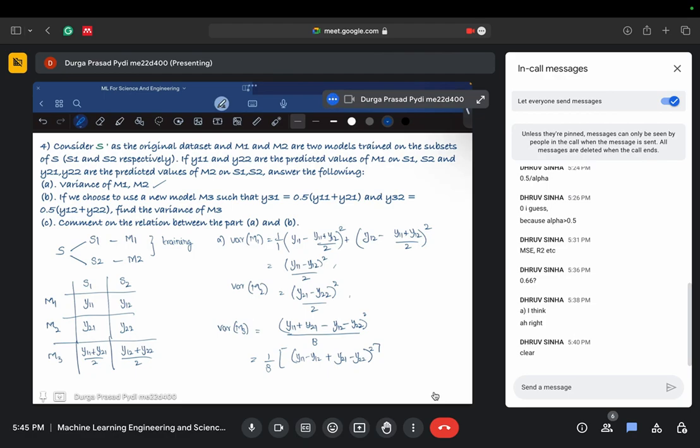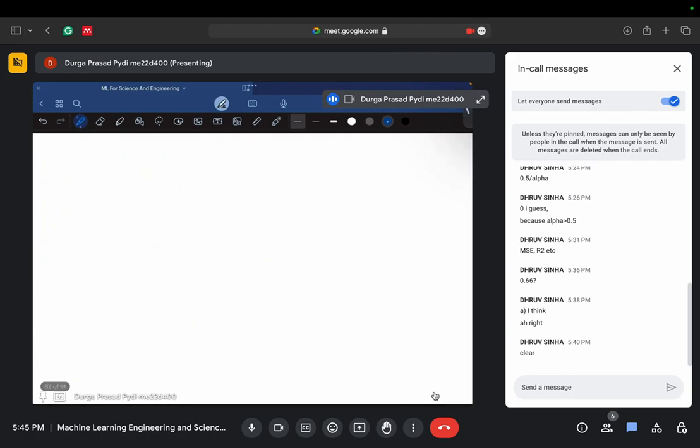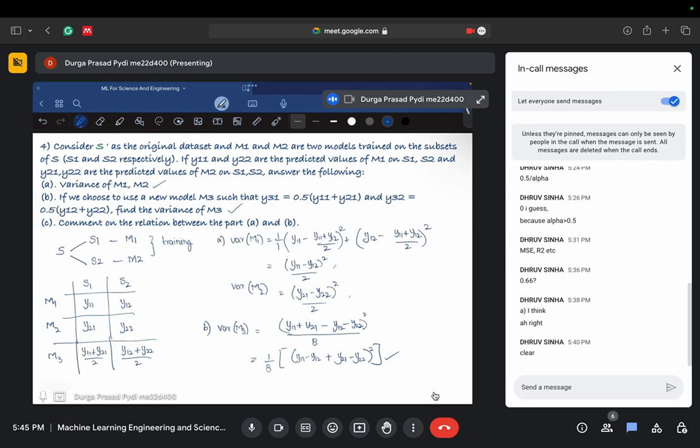Okay, till here I hope it is clear. So you have the variance of M3, the variance of M1 and M2. Now can you comment on the relation between these variances? Let me take these expressions here. You have the variance of M1, M2 and M3. Can I comment on anything about the variance of M3 in terms of M1 or M2? Can I say something like the variance of M3 is less than the variance of M1 or M2?